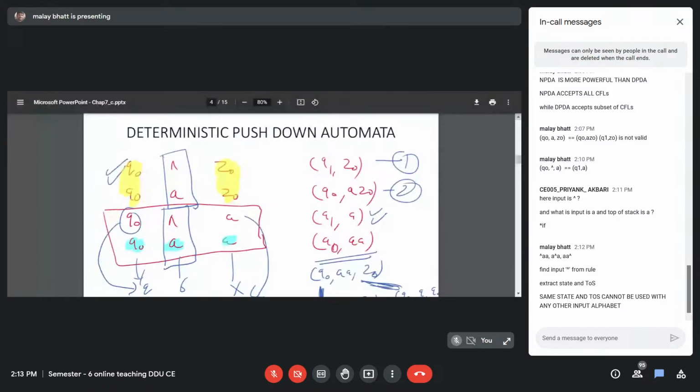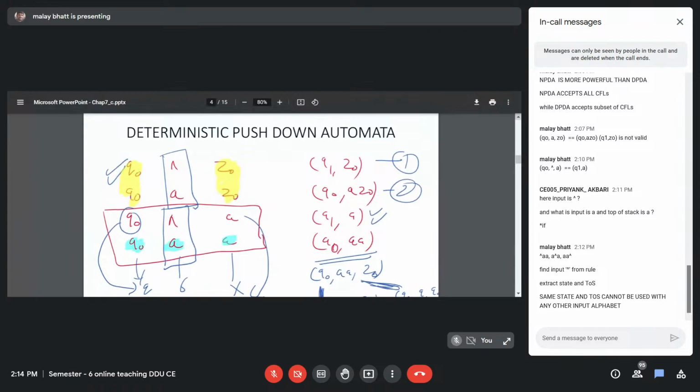So Q0 null Z0 will give me Q1 Z0, ignoring the null. And if I use Q0 a Z0, which will give me a push operation, it will make it a non-deterministic PDA.